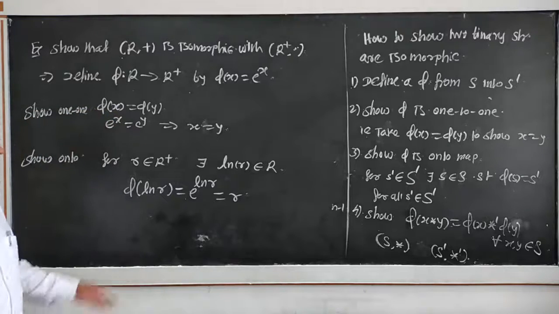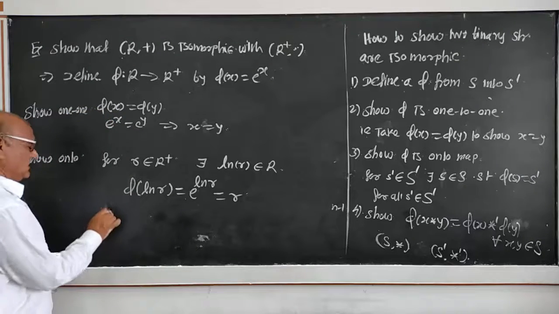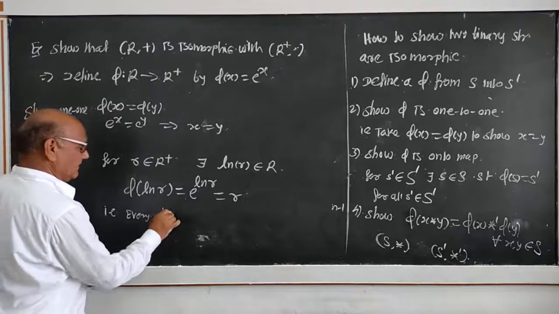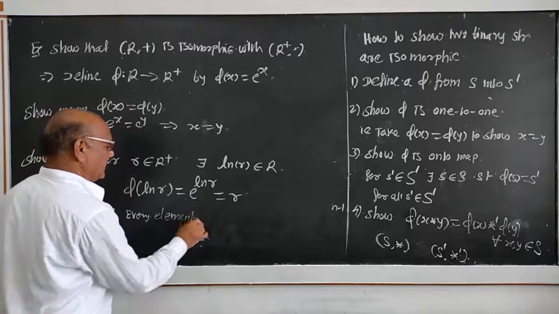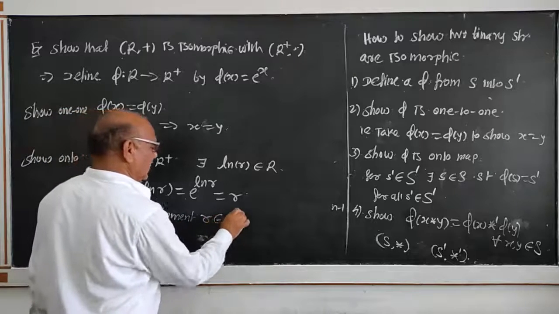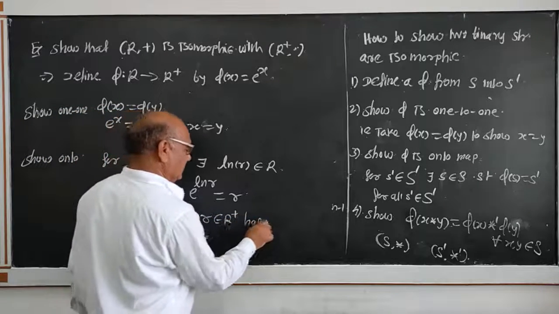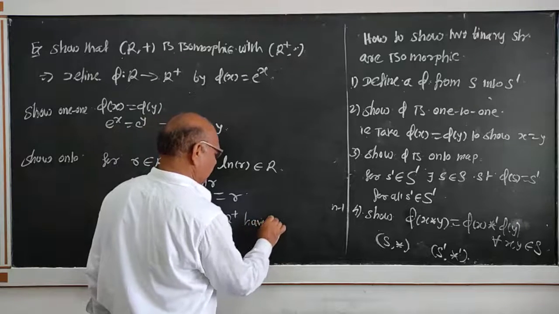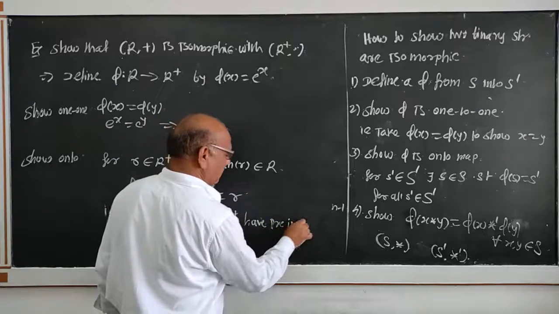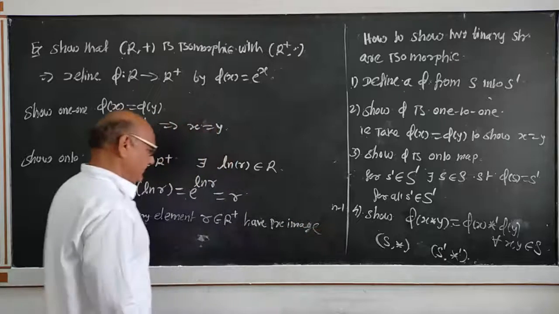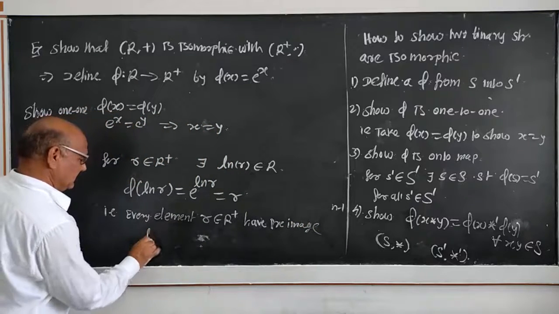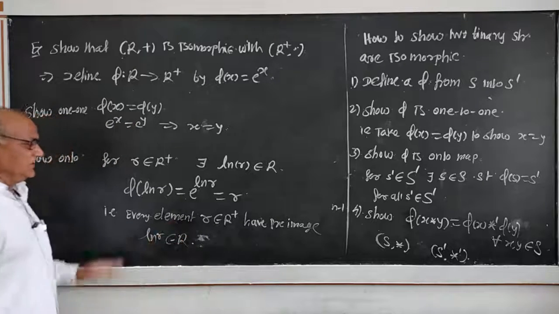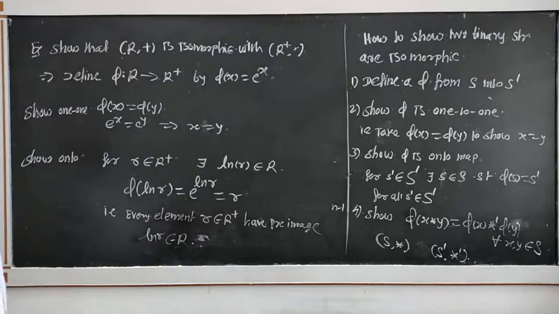That means every element r belongs to R plus has a pre-image, and the pre-image is ln r, which belongs to R. So it is onto.